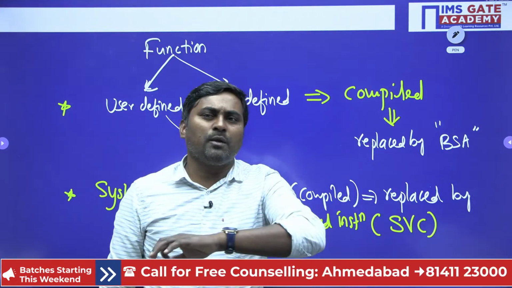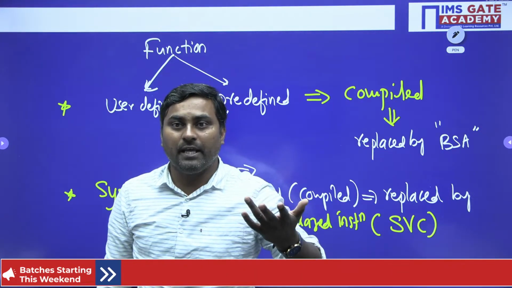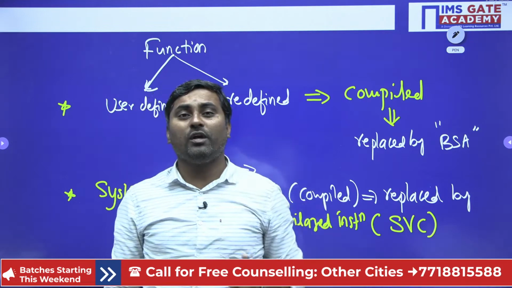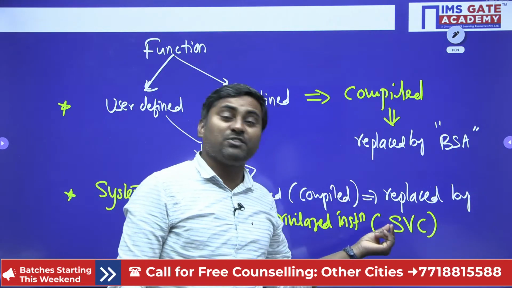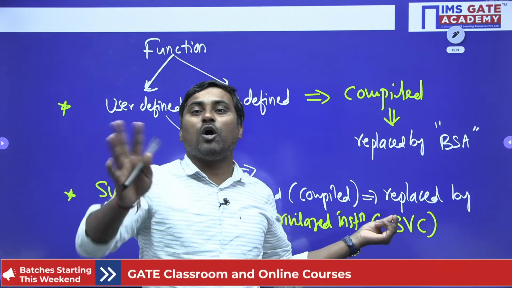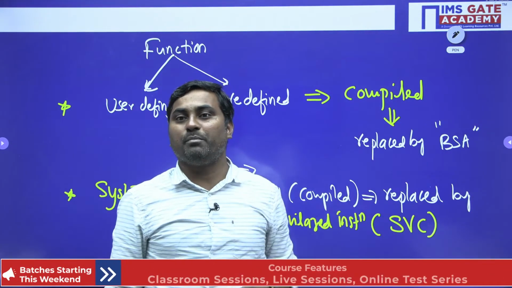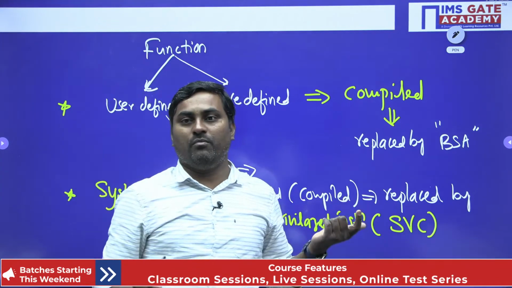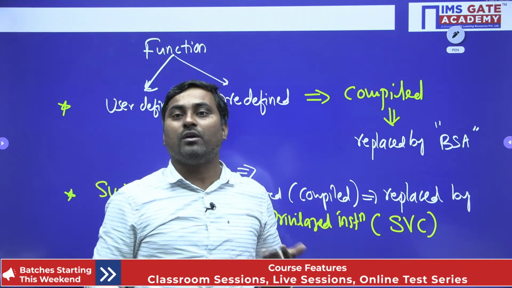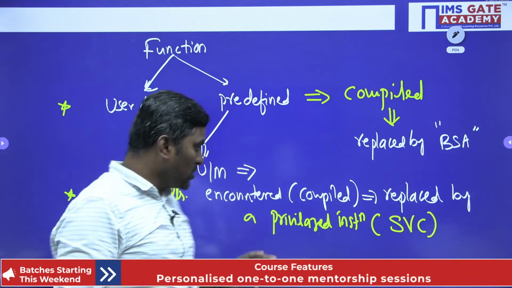Sir, why is it not replaced by BSA? If I say BSA, it is user mode only, because it is user code. But if I replace it with SVC, it should be resolved by the operating system, not by the user, because this system call code is available in the OS code. So that should be resolved at runtime only, not before. So this point is clear.